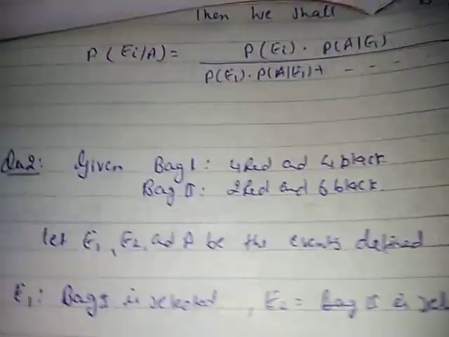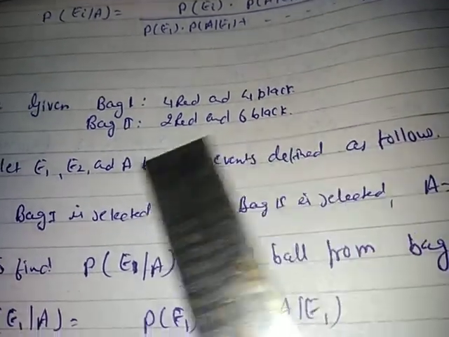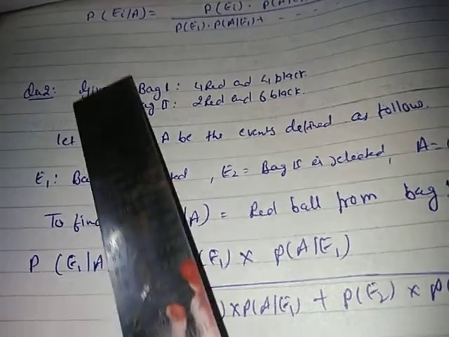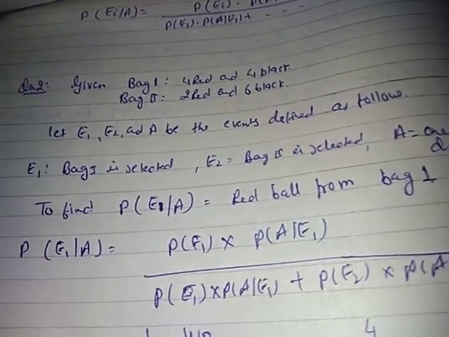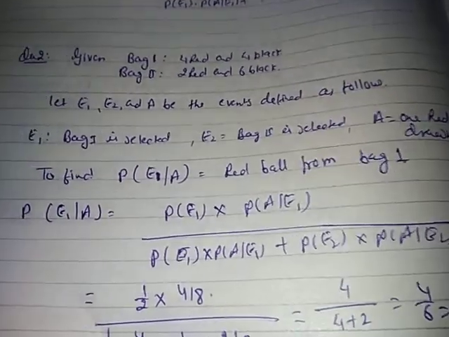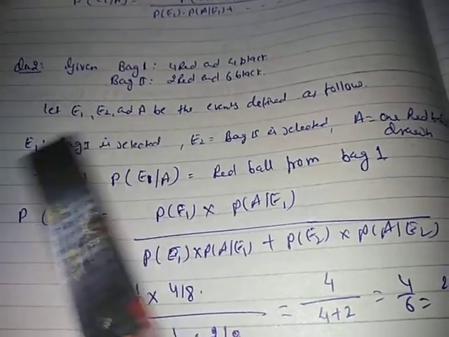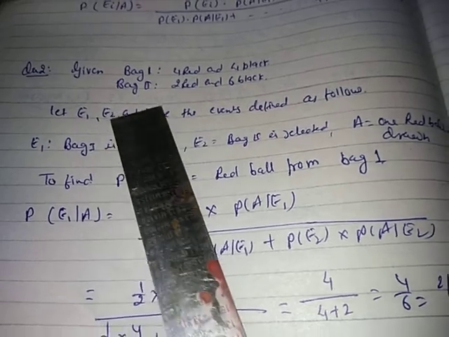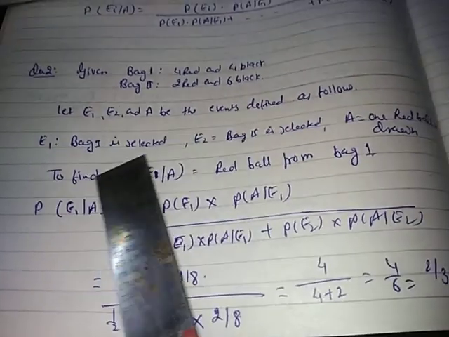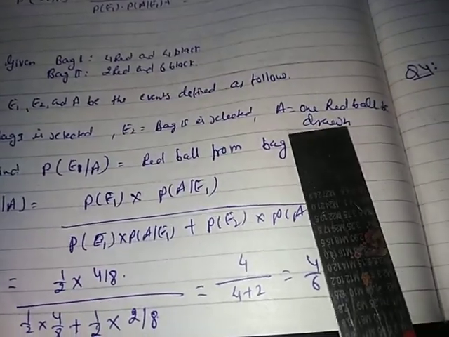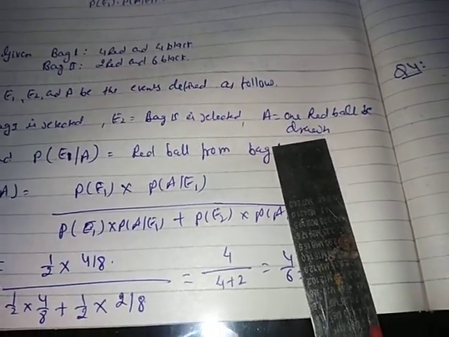Okay, now let me explain it. Given: bag 1 has 4 red and 4 black balls, bag 2 has 2 red and 6 black balls. So what do we need to do first? First we need to select the bag, and after that we can draw the particular ball. So three events are valid here: E1, E2 and A. A is the common event. The events are defined as follows: bag 1 is selected, E1; bag 2 is selected, E2; and A is one red ball is drawn.